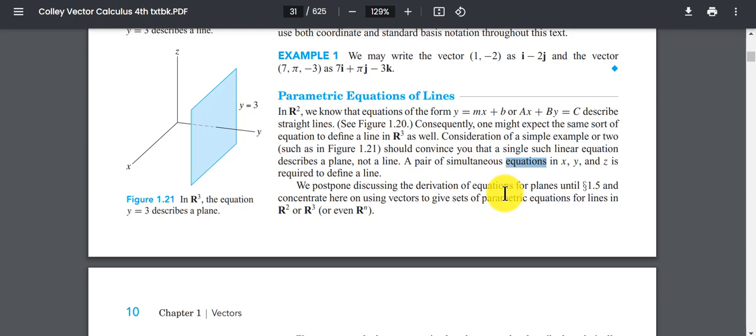Somehow we're going to use vectors to get an equation for a line in R2 or R3. And then she says this other thing about parametric equations for lines. She hasn't explained that yet, but we'll see a second way of getting equations for a line, besides using vectors. But we have to wait and see that.